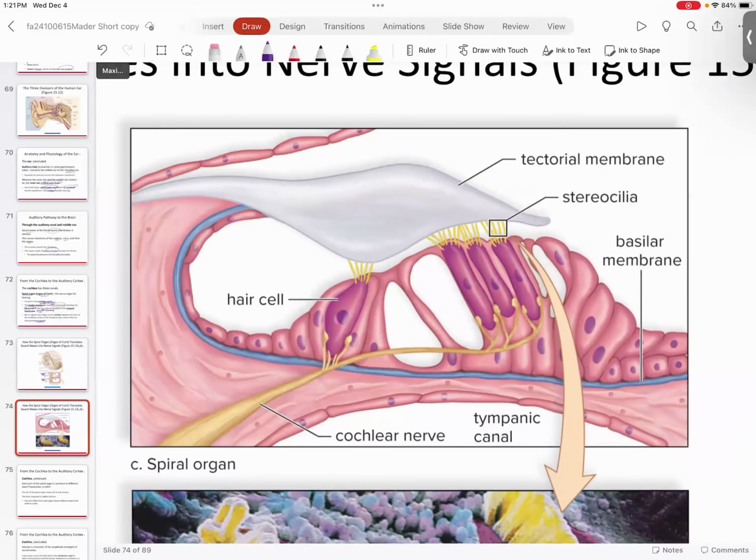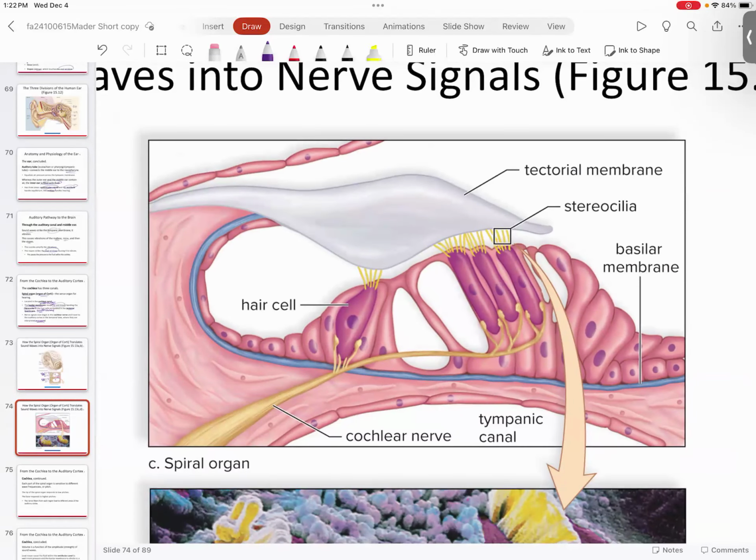So this is kind of what it looks like. This is a blow up of that cochlear region. So here you can see your hair cells, these purplish looking guys. You can see they're connected at the bottom to your cochlear nerve. Those stiff stereocilial hairs are connected to the tectorial membrane on one side, and on the other side there's the basilar membrane.